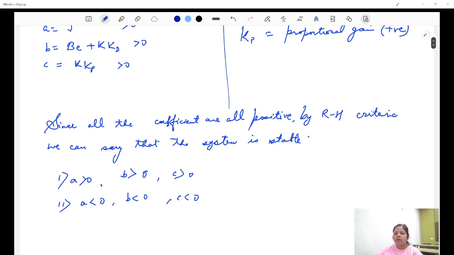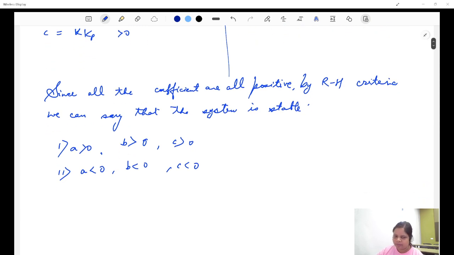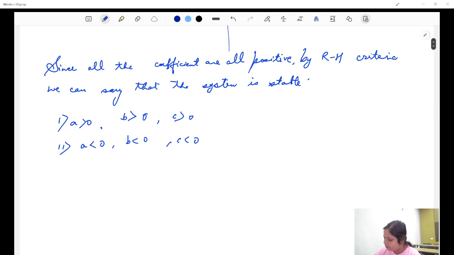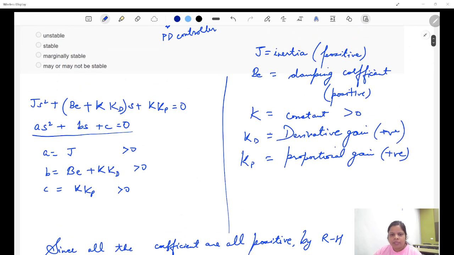So the thing which is required is only that all of them should have the same sign. That is all we need in this question. So your condition is satisfied for Routh-Hurwitz criteria, and from here we can say the system is stable.